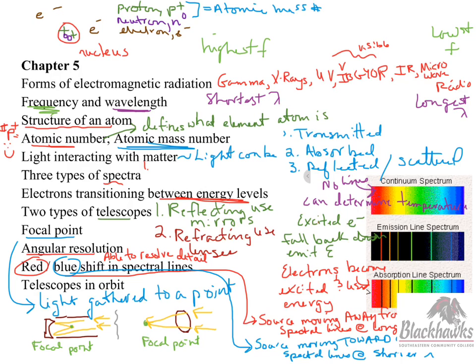Source moving away from observer. Spectral lines at longer wavelength are red, right? That's redshift. I remember that. And then the blue, okay, is the source is moving towards observer. Spectral lines at shorter wavelengths.